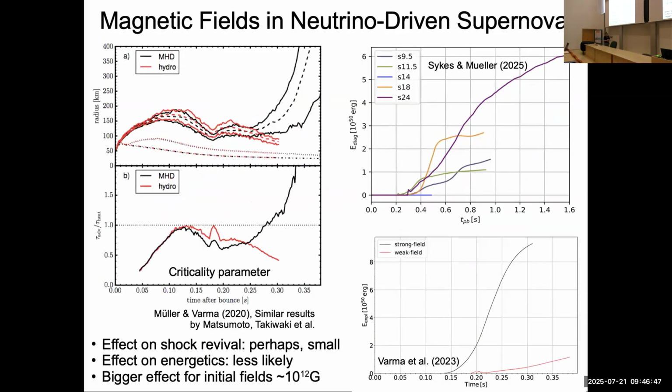Open questions, and I'm almost at the end of part one. Open questions, things like magnetic fields. The magnetic fields are becoming a very hot topic, actually. And in recent years, that's partly been my fault. We have even started to look more at them in the context of non-rotating core collapse supernovae, where you can still get amplification of magnetic fields by the small-scale dynamo, probably to a point where you get about 40% of kinetic equipartition with the convective motions.